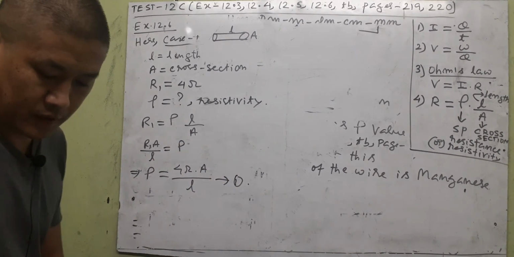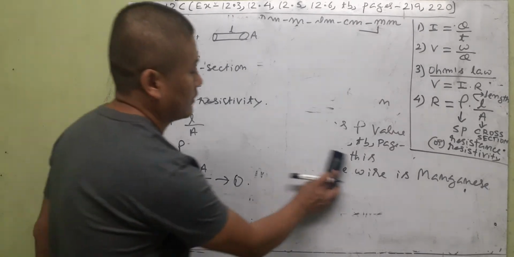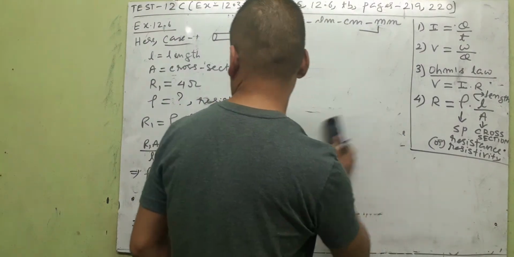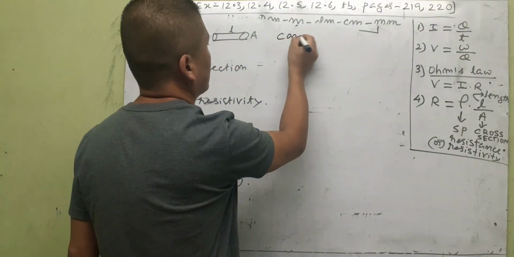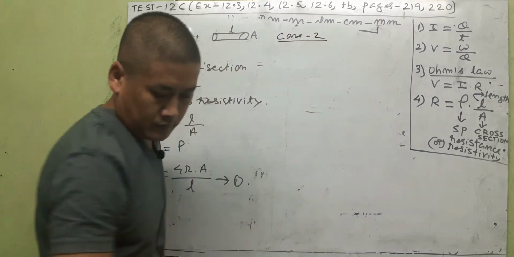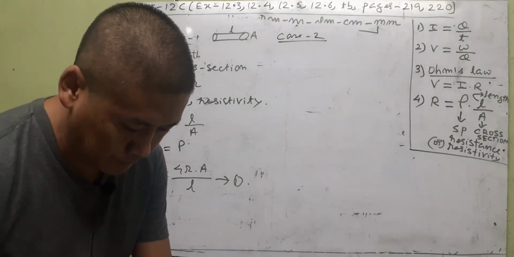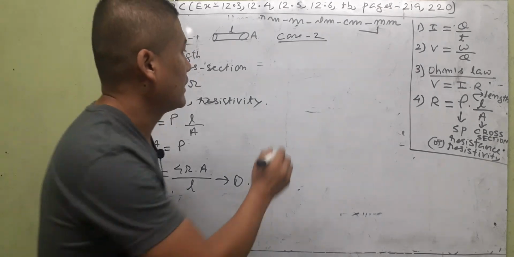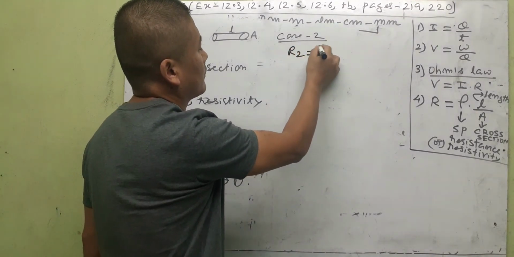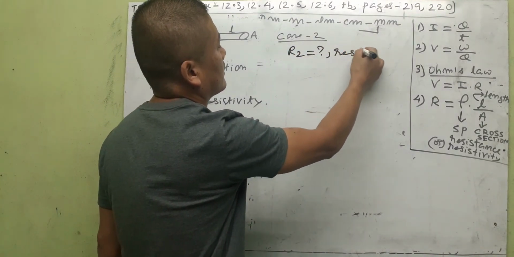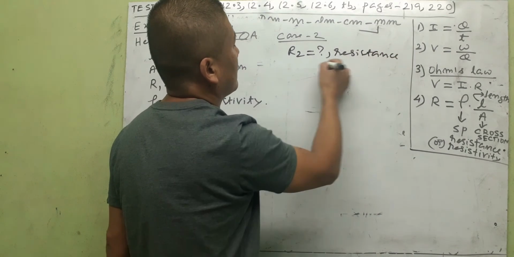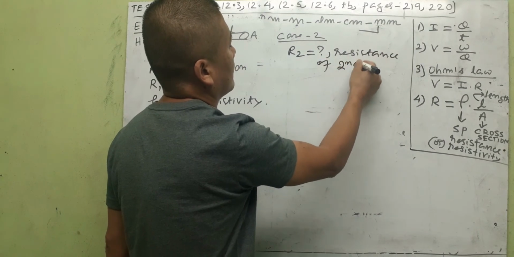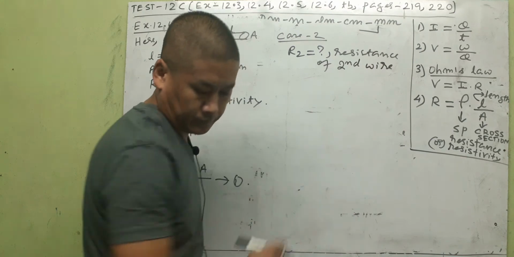Now go to the next part, and we'll see here. So case 2, let's write here case 2. Next sentence: what would be the resistance of another wire? R2, question mark, resistance of the second wire.